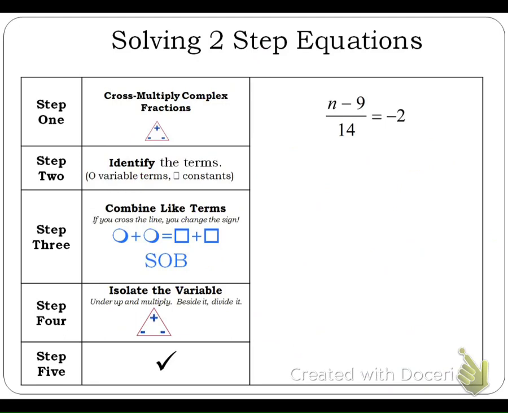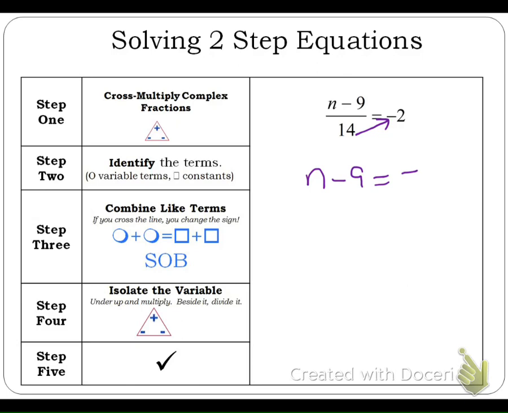Alright, so we have a complex fraction, more than one term on the numerator or the denominator of that fraction. So when we have the complex fraction, remember you have to cross multiply. So we multiply the denominator to the other side of the equation to get rid of it. N minus 9 is equal to, that was a negative 2 there, 14 times negative 2 would be equal to, well, a positive times a negative is a negative.